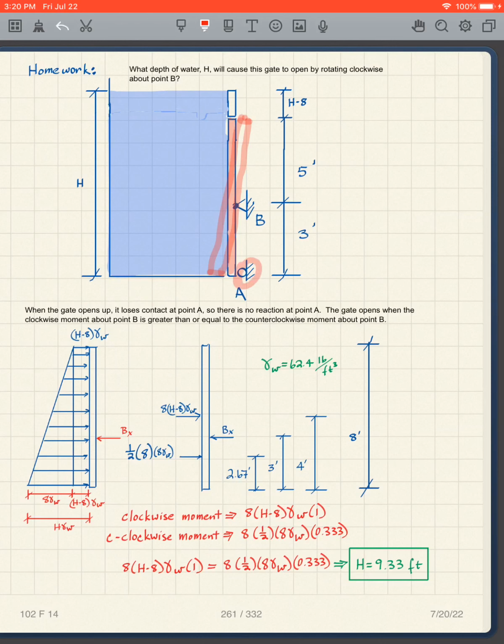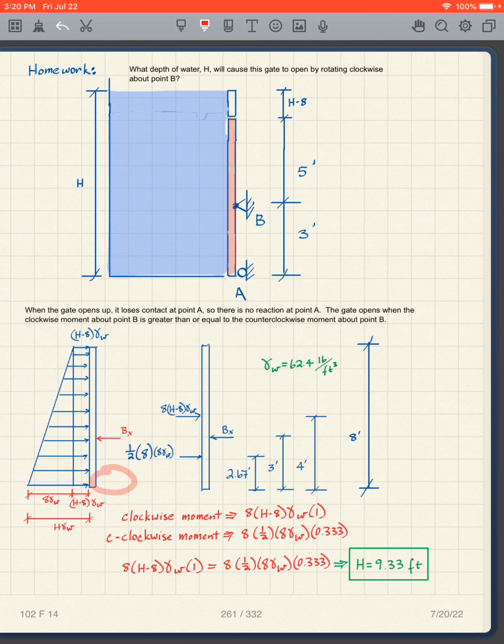It separates from that roller. This roller, the way that I've drawn it, is meant to represent a roller that is free to rotate. So it lifts off from that roller. In our other problems, I wouldn't let it lift off from the roller, but this one we will. Once it begins to lift off, there's no contact there. If there's no contact, then there's no reaction there.